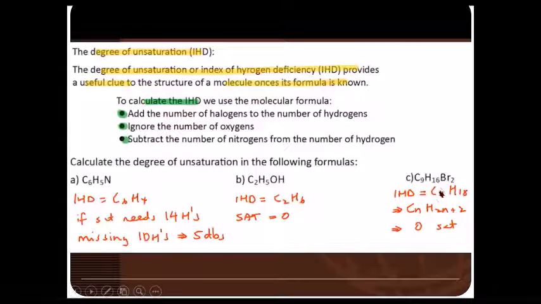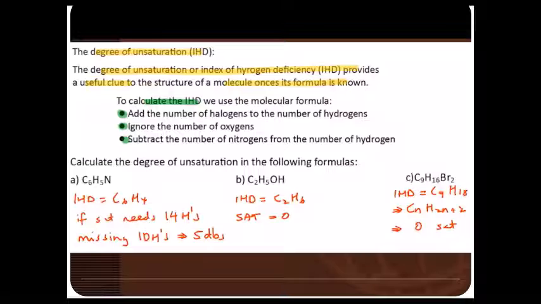The general formula is CnH2n+2, so in this case we have a saturated hydrocarbon, like an alkane. That means the IHD would be 0.